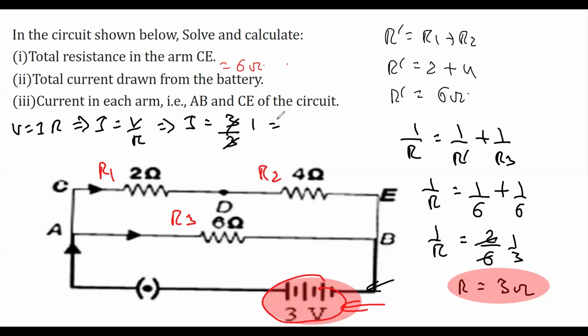So we get I is equal to 1 ampere. So we got the total current, and that is the answer for the second part here. That is, this is equal to 1 ampere.